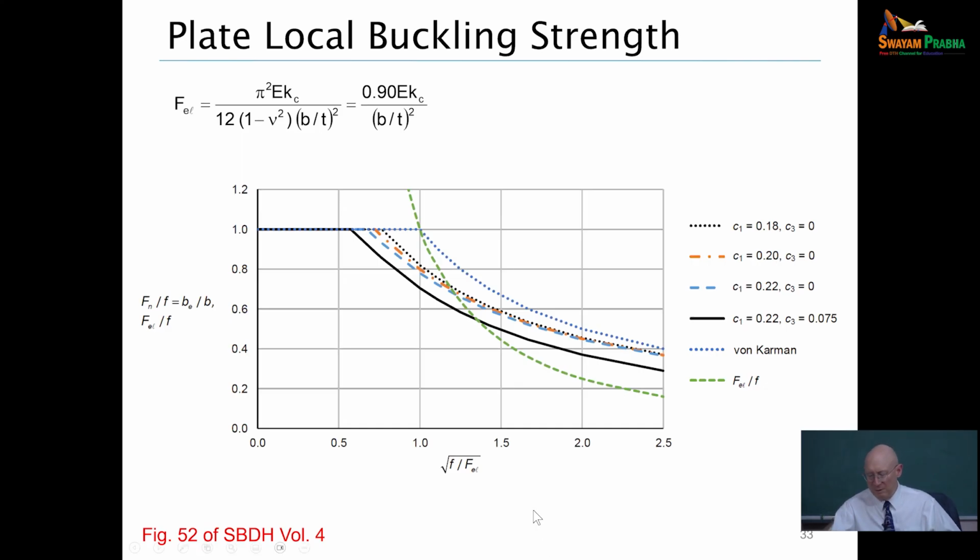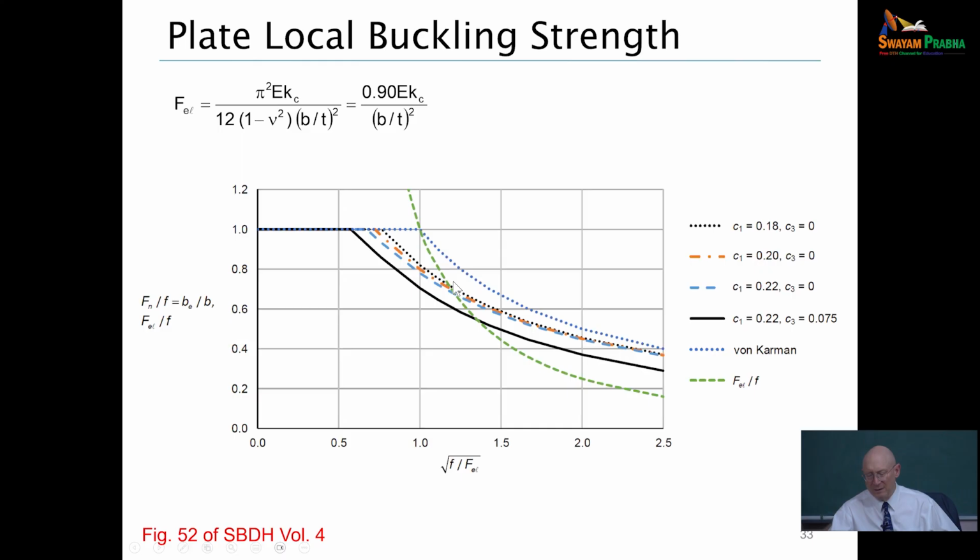If it's a fairly slender plate, very thin compared to the width, you can see out here at 2.5 for the normalized slenderness, we're getting more than double the strength, considering von Karman's representation, than what we'd have for plate local buckling.